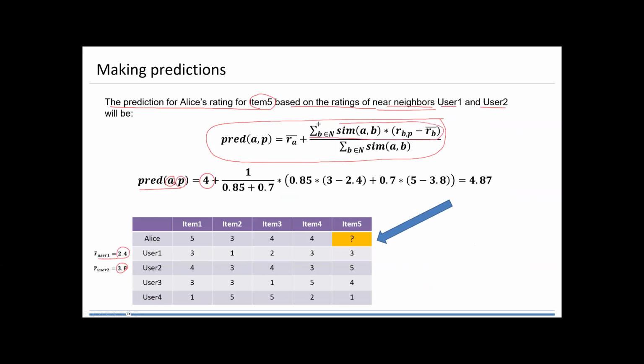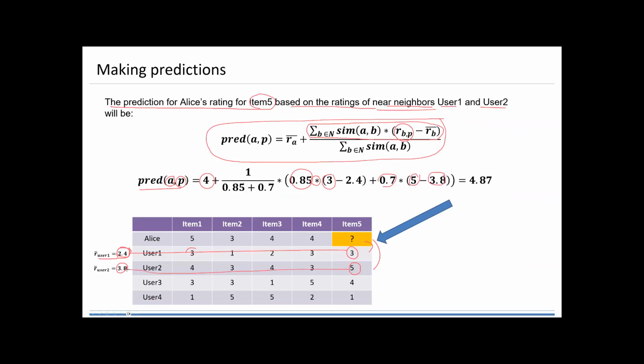The formula means we want to do the multiplication with the similarity. The similarity between Alice and user 1 is 0.85, multiplied by the rating given by user 1, which is 3, minus the average, plus 0.7, which is the similarity between Alice and user 2, multiplied by 5, which is the rating given by user 2, minus 3.8.